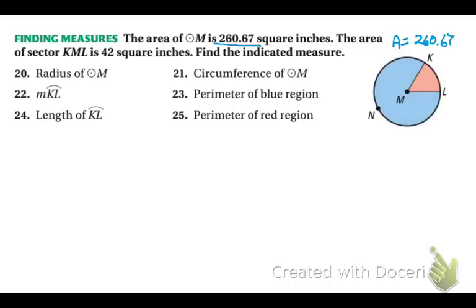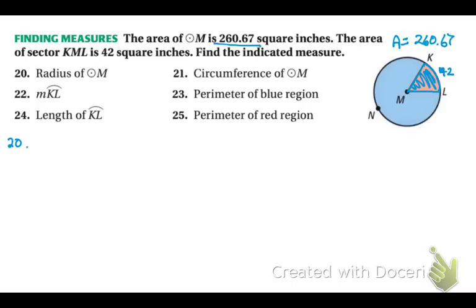The area of sector KML: there's my sector, my two radii and my arc. The area of this sector is equal to 42 square inches. That's a 4, not a 9. So we're given that. Now let's look at number 20.